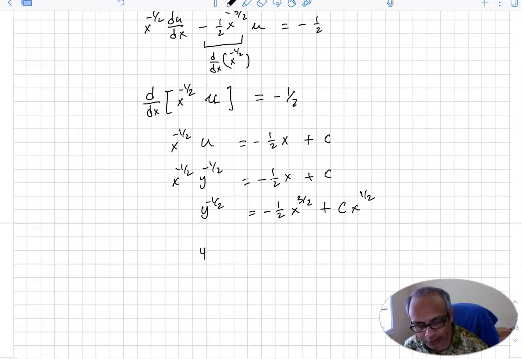So 4 to the negative half, which is half, equals negative half times 1 plus c. From here you get c: on the left-hand side it is just half, and on the right-hand side negative half. You take it to the left-hand side, you get 1.